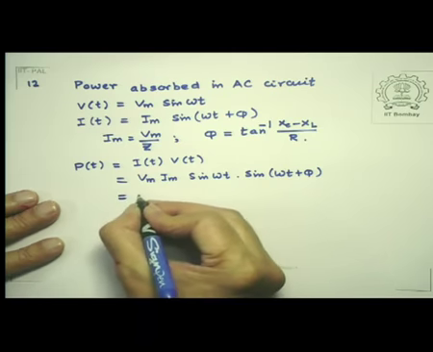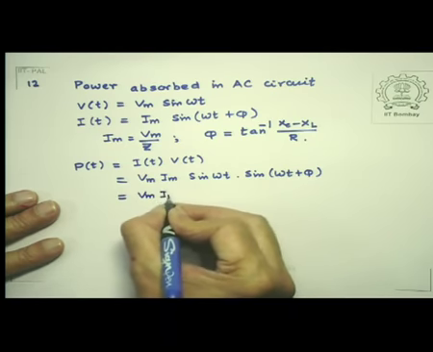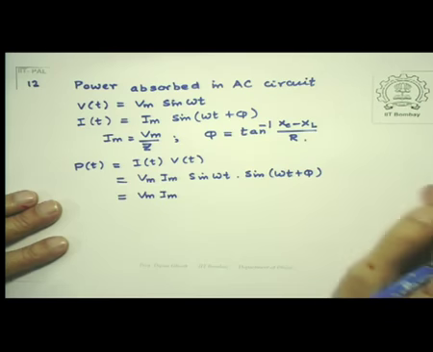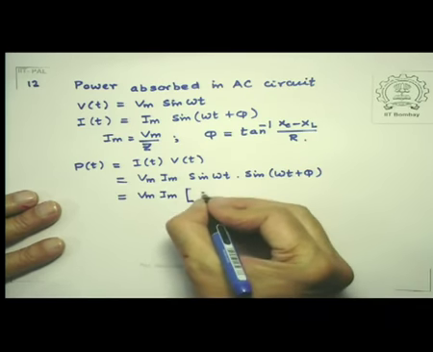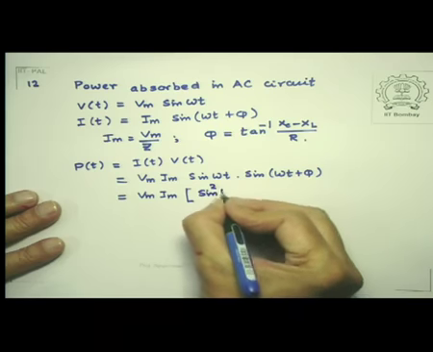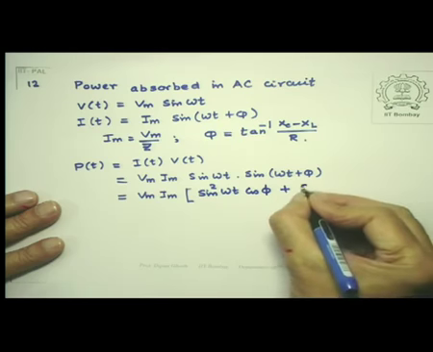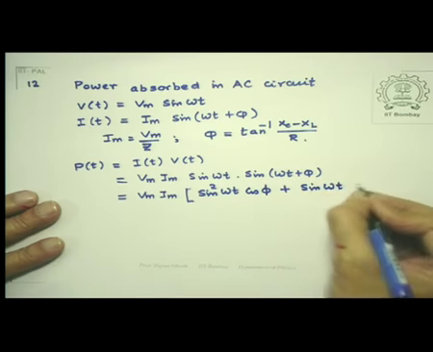Now expand sine omega t plus phi and multiply through: sine omega t cos phi plus cos omega t sine phi. So I get two terms: sine square omega t cos phi plus sine omega t cos omega t sine phi.